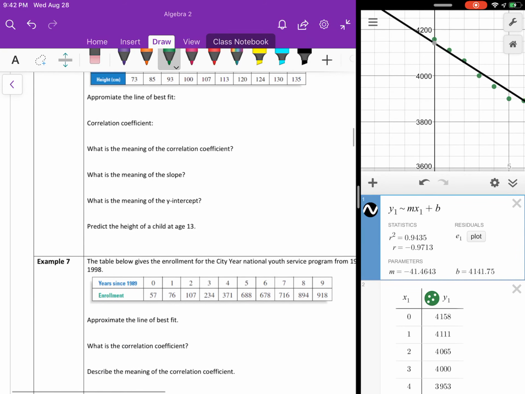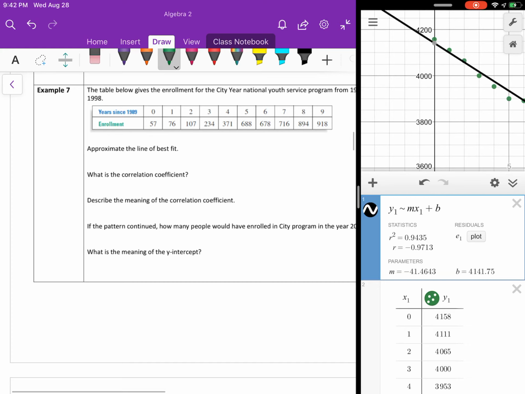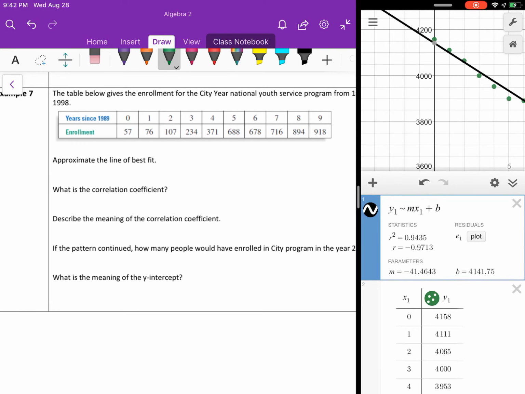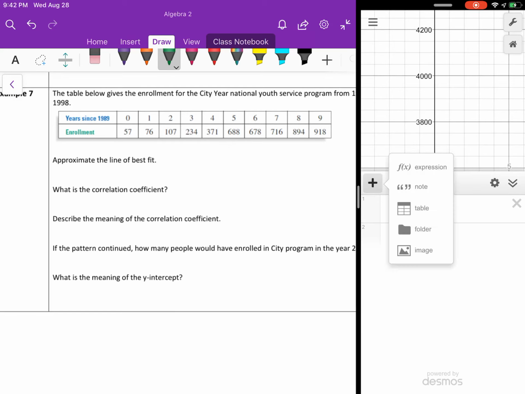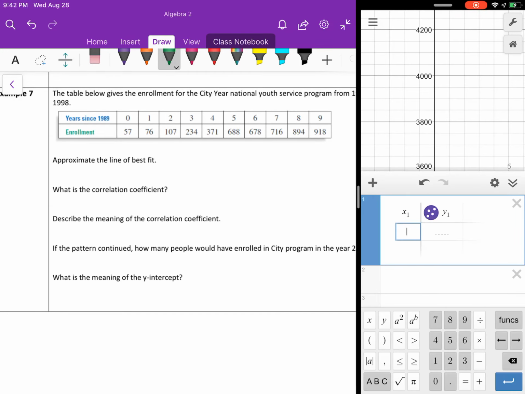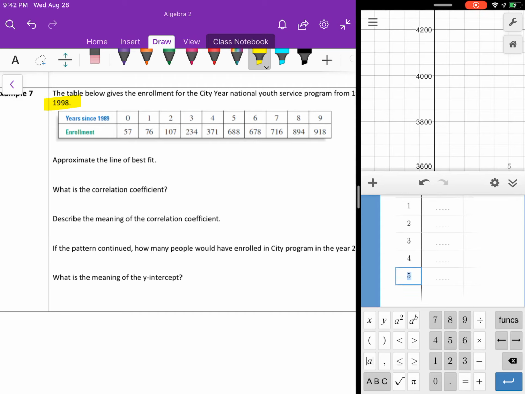Okay, I think I'm going to go to this one because this is a good example. All right, so I am going to delete these and start over by, again, choosing a table. And then I'm going to put in my points, 0, 1 to 9. This time, it is number of years since 1989, but it's already given to me in years since.